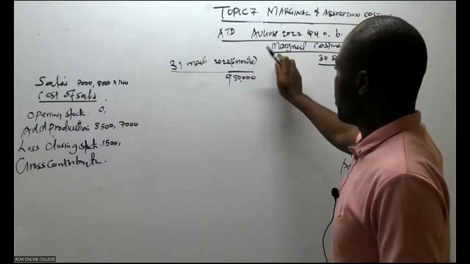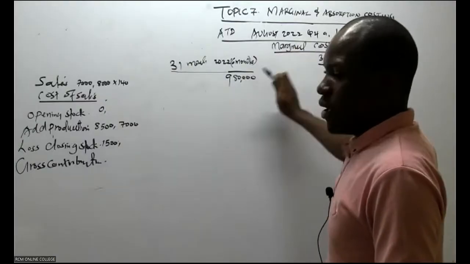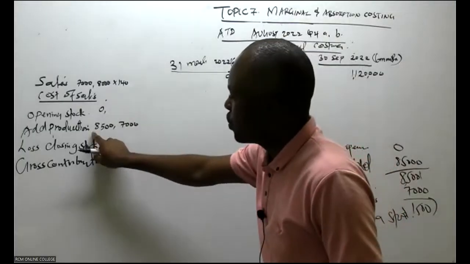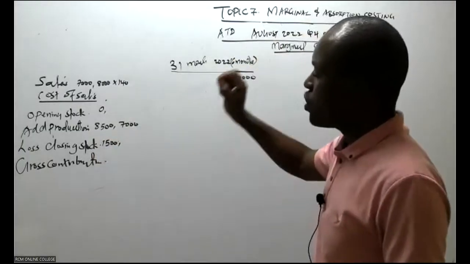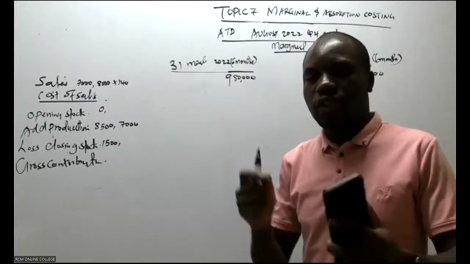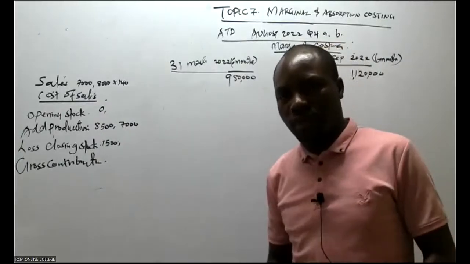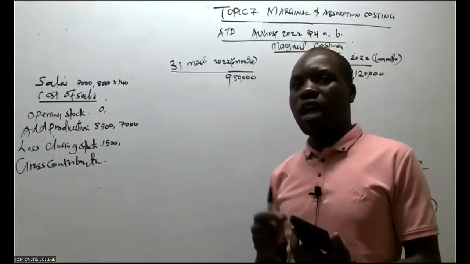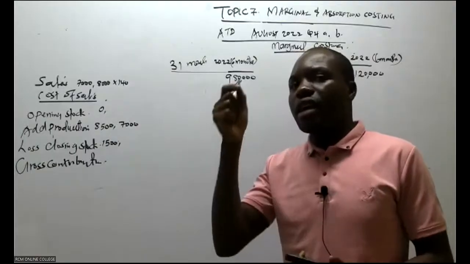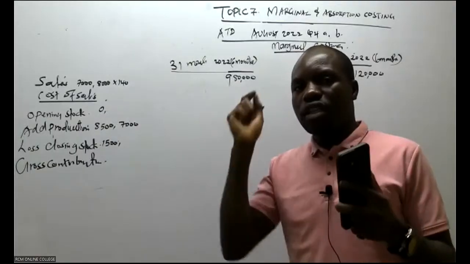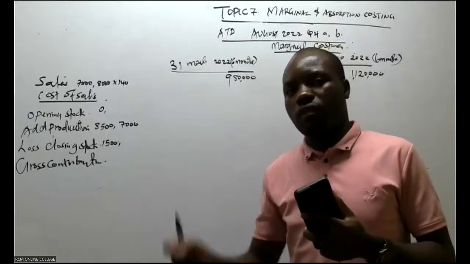Remember, we are applying marginal costing. The production cost, we said, is only going to involve the variable production costs. The variable production costs happen to be direct material and direct labor only. We don't have variable production overheads.